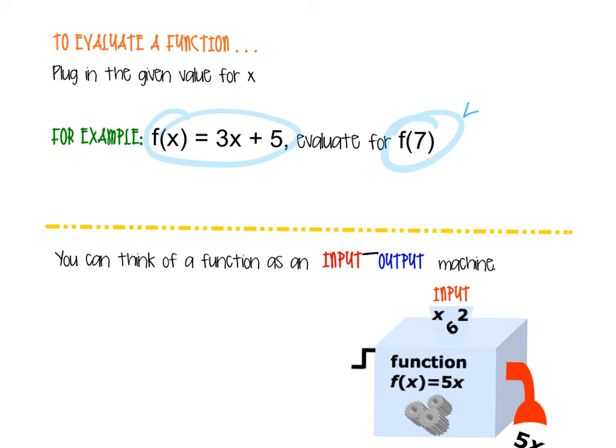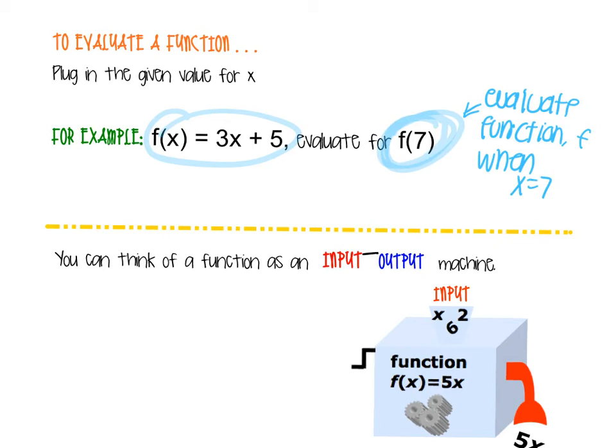What this piece of information tells me is I want to evaluate my function, in this case f, when x equals 7. That's how you should read this. It means I'm trying to find the value of my function when x equals 7.